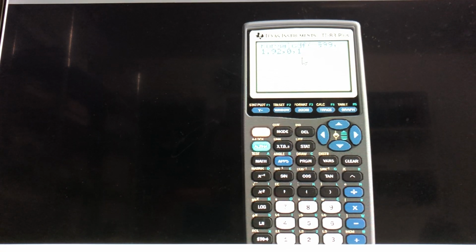It reminds you of the order. Lower number first, upper number second. The mean goes third and the standard deviation goes fourth. And when you press paste, it puts all the commas in there for you as well. So it's just a little more user-friendly, is the only difference. But it's all the newer calculators. If you bought your calculator in the last 4 or 5 years, they all have this feature, where the older ones don't have this.